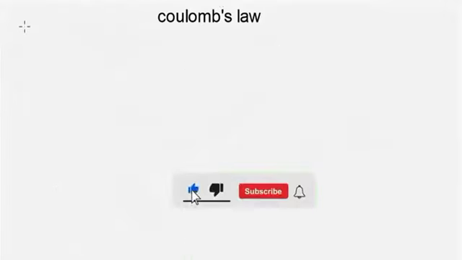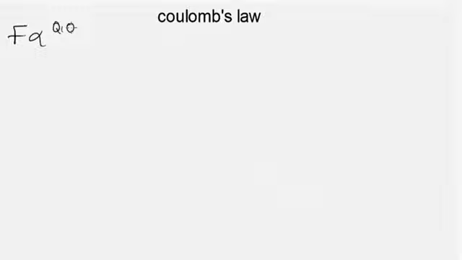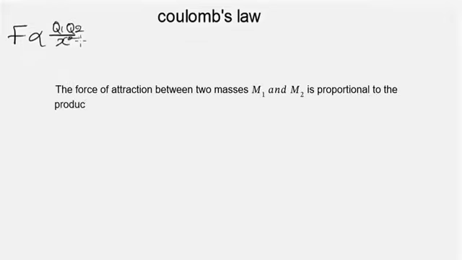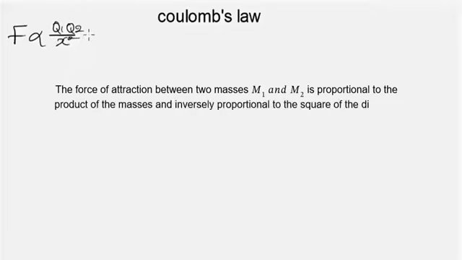So our last expression, F varies as Q1 Q2 over x squared, is very similar to Newton's law of gravitation, which states that the force of attraction between two masses m1 and m2 is proportional to the product of the masses and inversely proportional to the square of the distance between them.